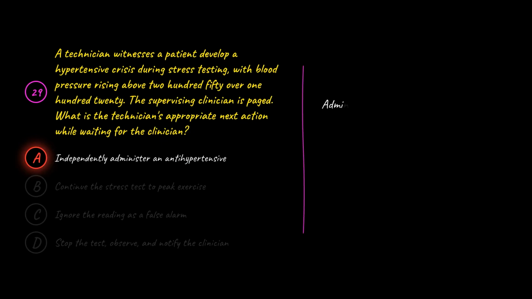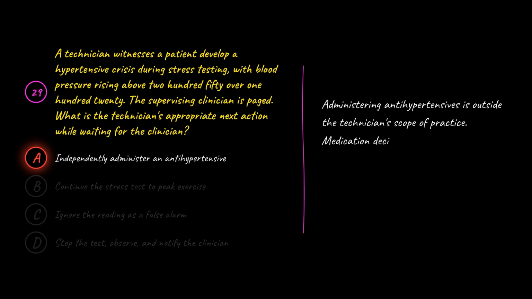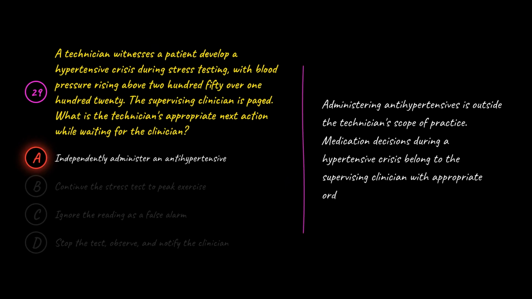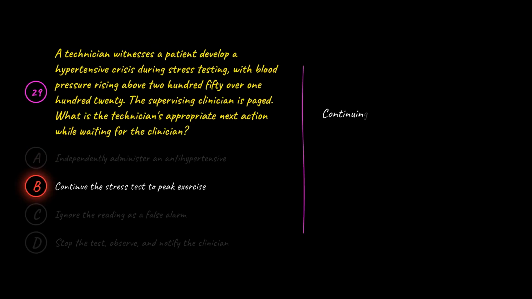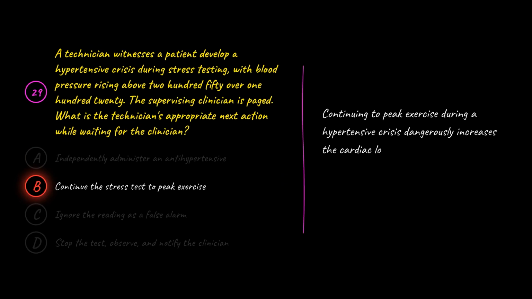A is wrong because administering antihypertensives is outside the technician's scope of practice. Medication decisions during a hypertensive crisis belong to the supervising clinician with appropriate orders. B is wrong because continuing to peak exercise during a hypertensive crisis dangerously increases the cardiac load on an already stressed system.